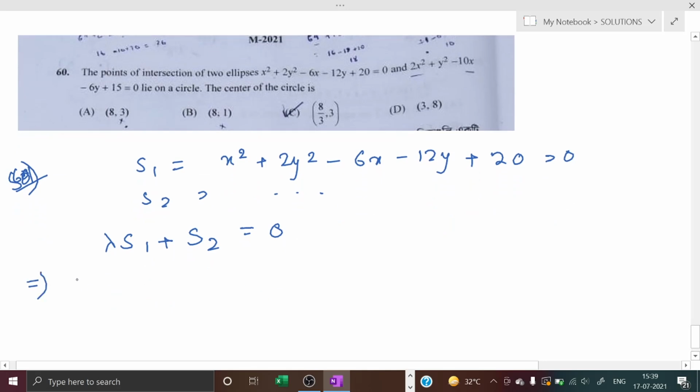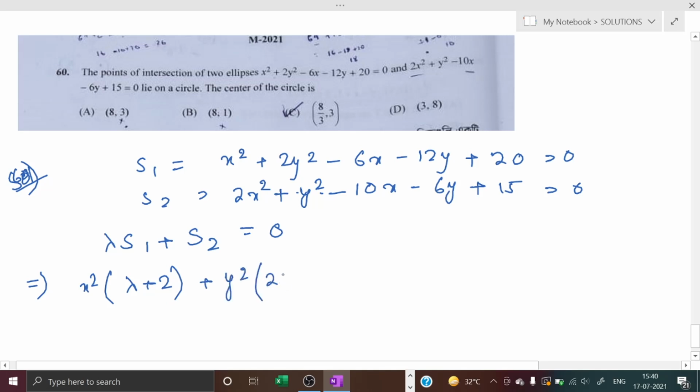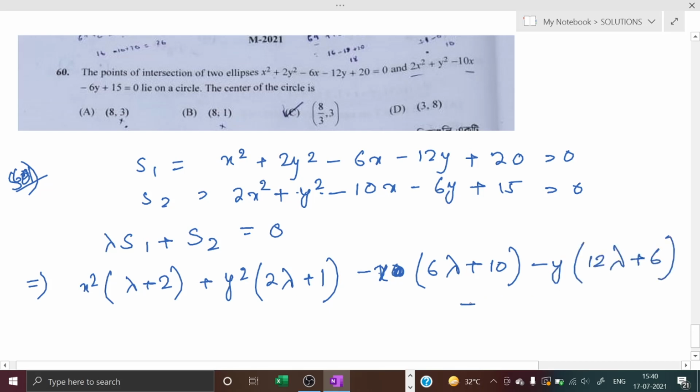Now let me write the second equation also, plus y square minus 6y plus 15 equals 0. So if I take x square common, I have (lambda plus 2) x square, (2 lambda plus 1) y square, minus (6 lambda plus 10) x, minus (12 lambda plus 6) y, plus (20 lambda plus 15) equals 0.